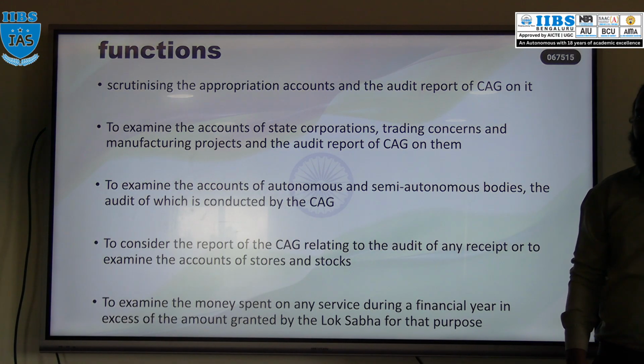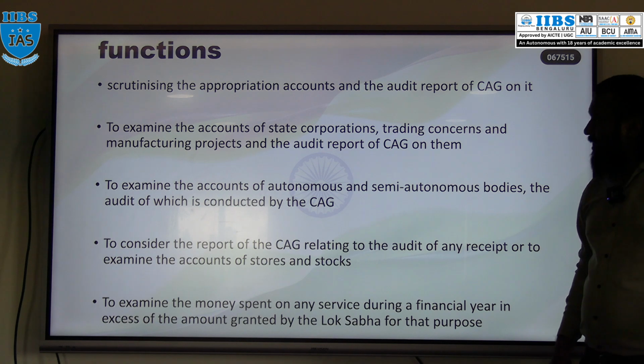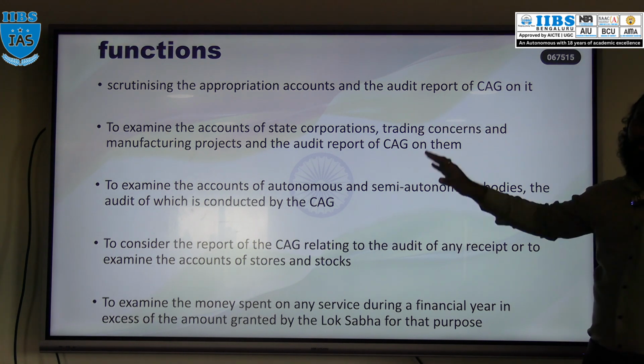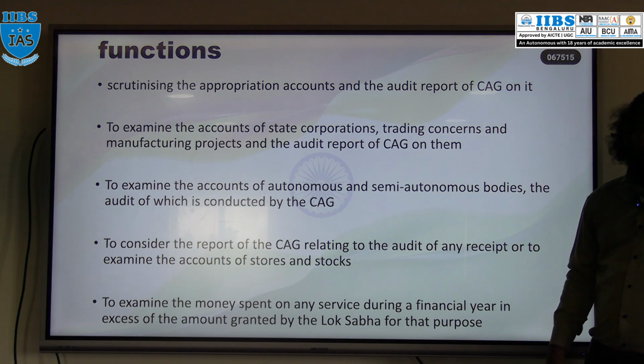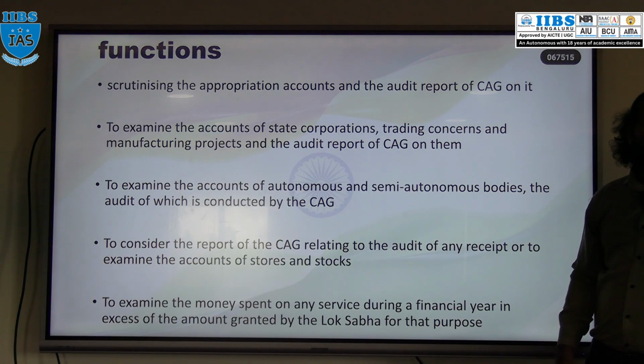The Public Accounts Committee plays a vital role in the accountability of the executive towards the legislature. What are the functions? It will scrutinize in detail the appropriation accounts. We discussed the appropriation bill and appropriation act.